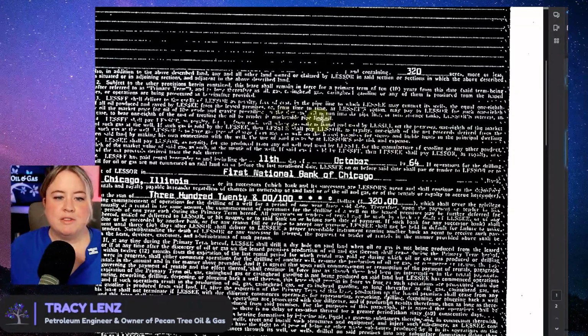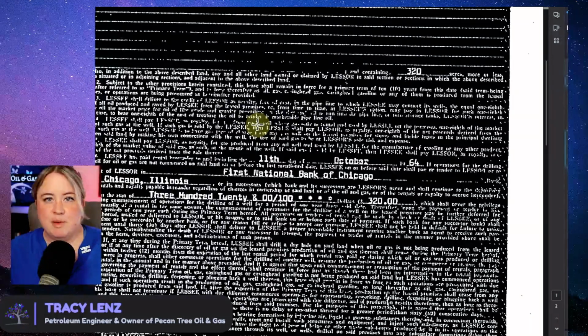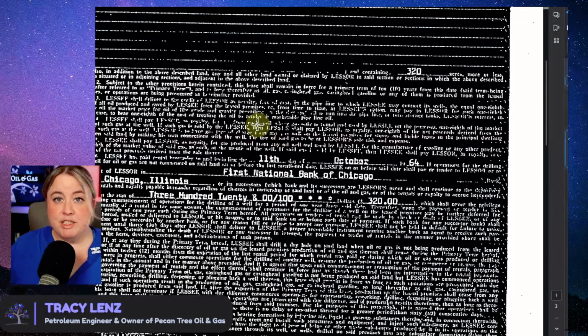Typically, there's one paragraph talking about oil, one paragraph talking about gas. Usually the royalty percentages are the same for gas and oil, but they're just clarifying oil is this percentage, gas is this percentage, any liquids that come off the gas is this percentage, and all the percentages are usually the same. So if you can find one, this one says 1/8. And I'll also give you a hint. Usually if it's 1980s or earlier, it's 1/8.